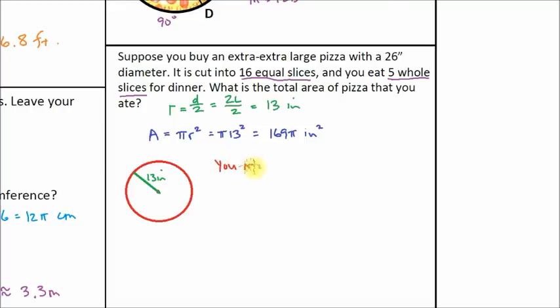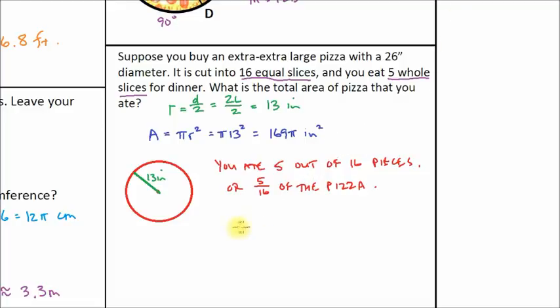You ate 5 out of, remember this is a ratio, 5 out of 16 pieces. Could we then say that you ate 5/16 of the pizza? So remember, we can use ratios to figure out how much of the area of the pizza we want. If you ate 5 out of 16 pieces and those pieces are all equal, then you ate 5 out of 16, or 5/16 of the pizza.